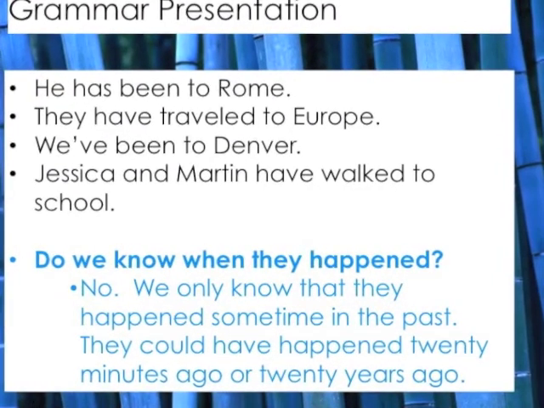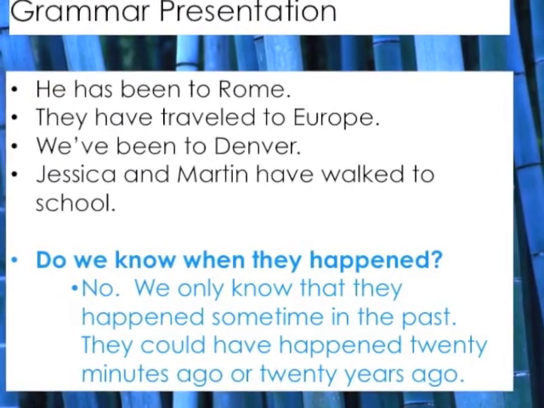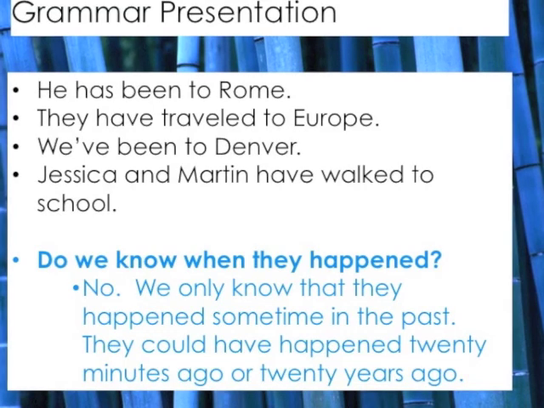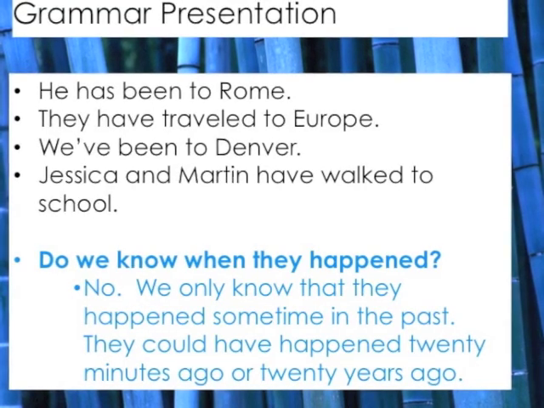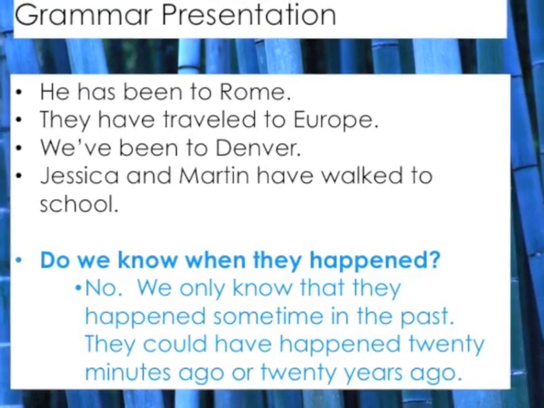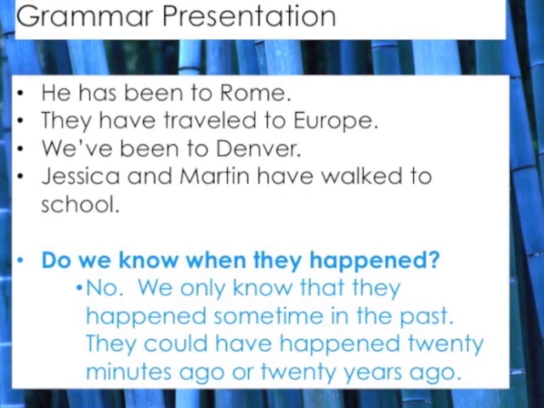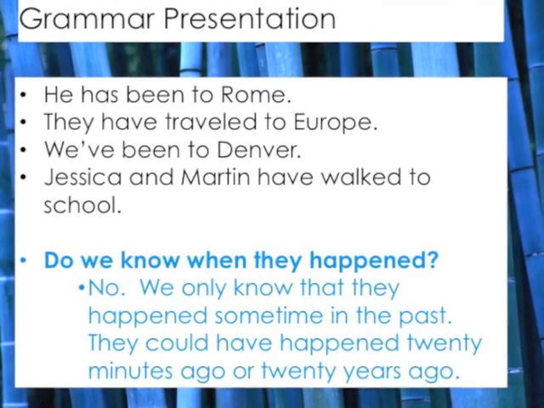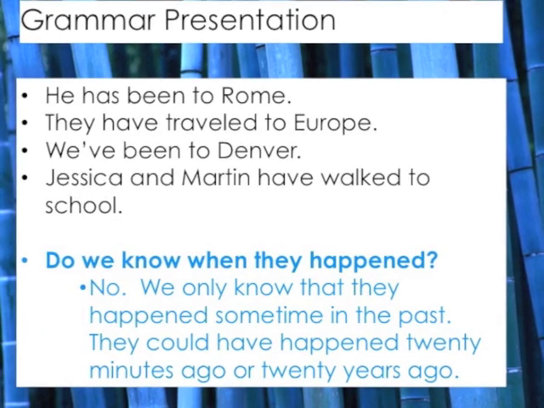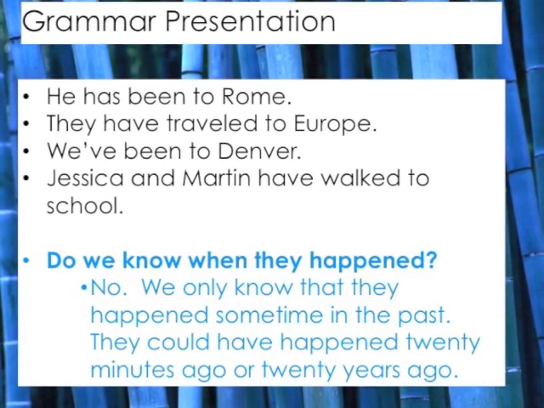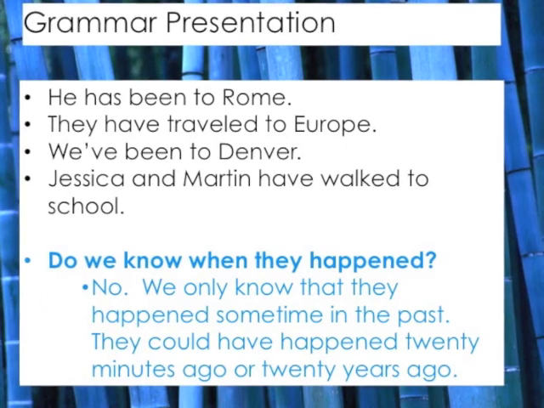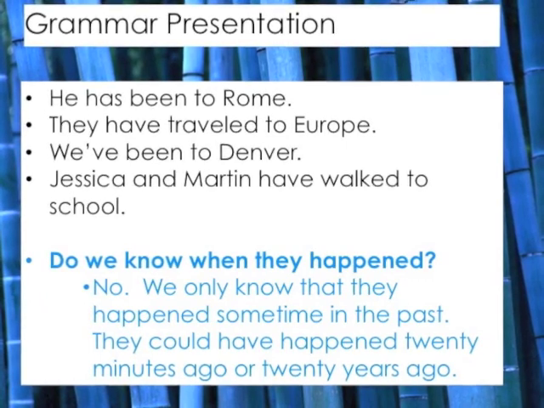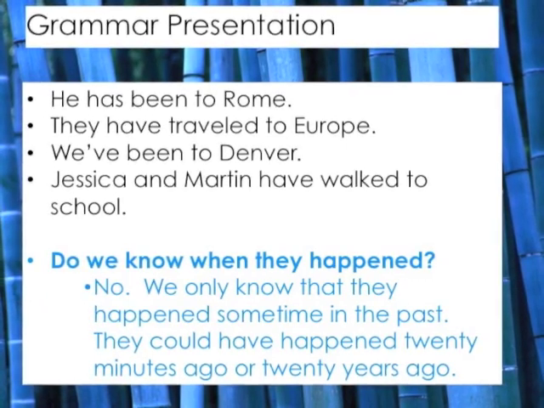No, you can't figure it out. We only know that they happened sometime in the past. They could have happened 20 minutes ago, or 20 years ago, or last year. We don't know because we don't have any information about the actual time period. These sentences are in the indefinite past because we don't know when they happened exactly.